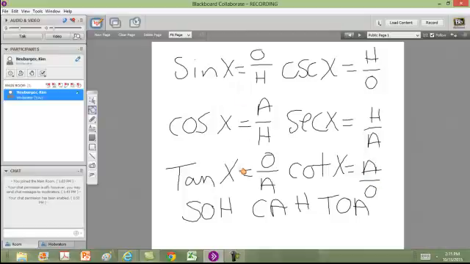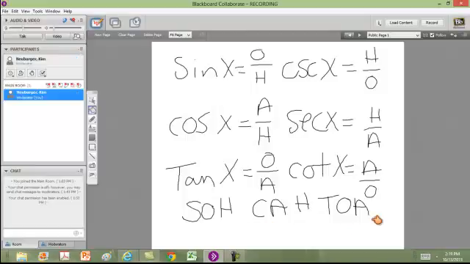We're going to need to remember these. So SOH is sine is opposite over hypotenuse. CAH is cosine is adjacent over hypotenuse. And TOA is tangent is opposite over adjacent. So you can use this acronym to help you remember the ratios when you're doing your problems.